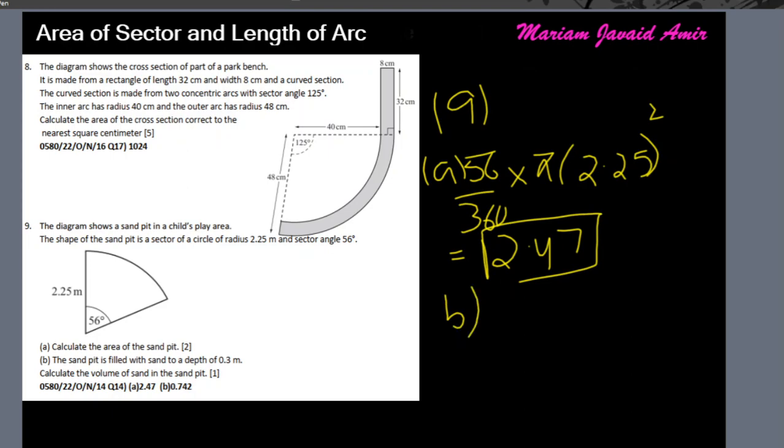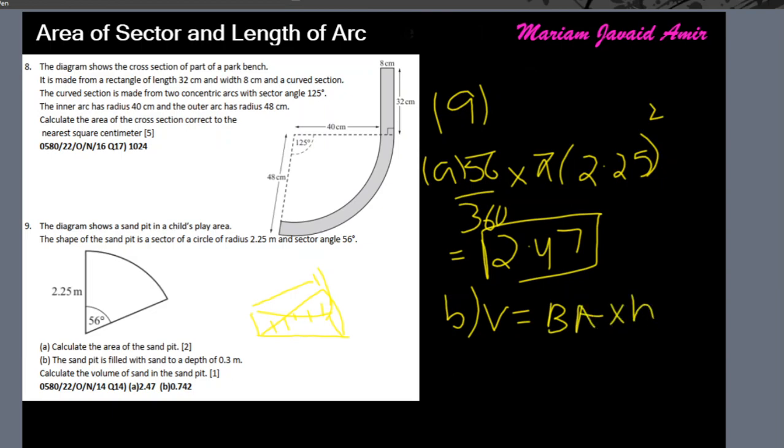Part B: the sand pit is filled with sand to a depth of 0.3. Calculate the volume of the sand pit. Now when it's filled with sand, the shape becomes a prism. So we have a prism whose base area is the area of this sector. The formula for volume of a prism is base area times height.